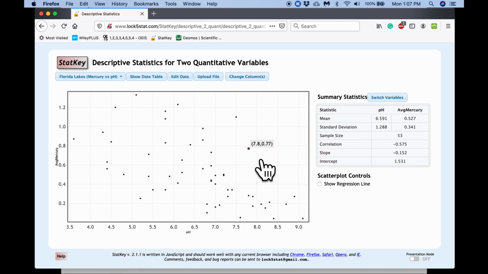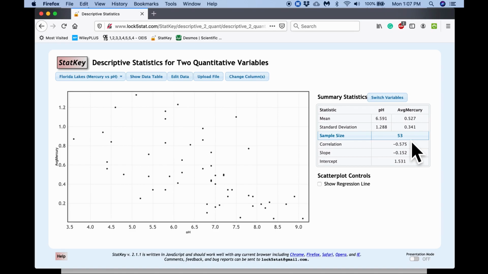Now, what is the explanation here? What's going on here? The sample is of size 53. 53 different lakes were randomly selected from the lakes of Florida. Now, from each lake, 2 pieces of data were extracted. First, a water sample was collected and the pH of the water was determined.